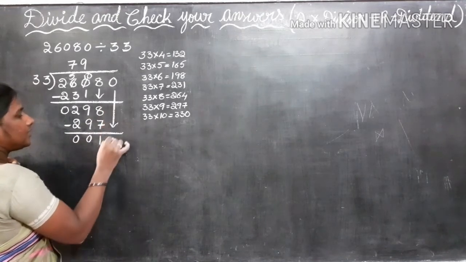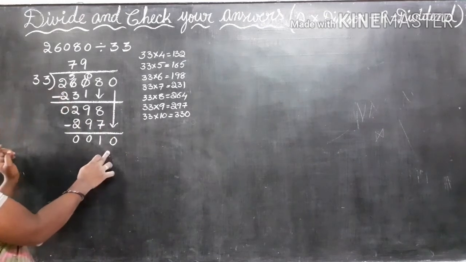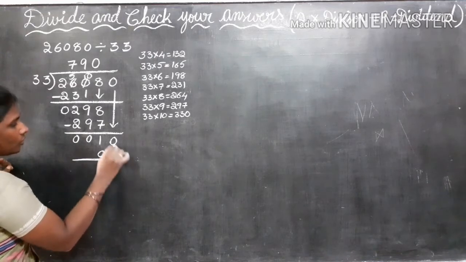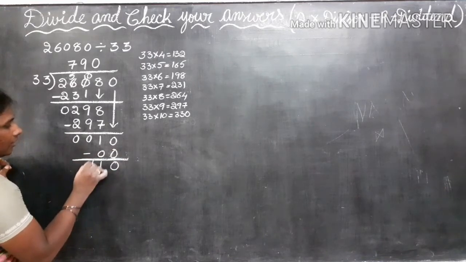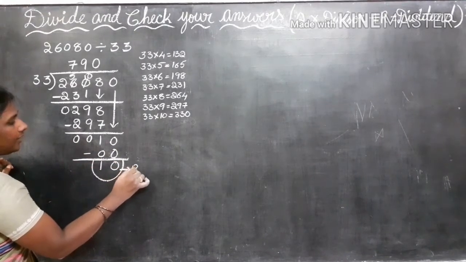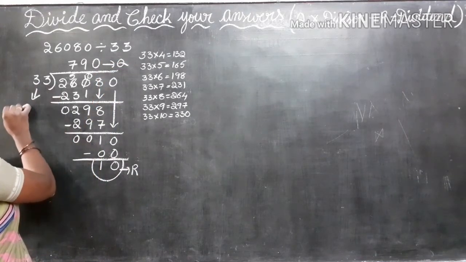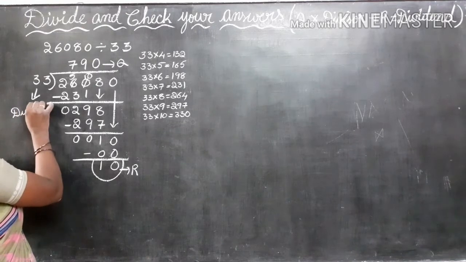Next here it is 10. So 10 is not there, so 33 zeros, 0, 0, 1. Now it is the remainder, it is the quotient, it is the divisor.